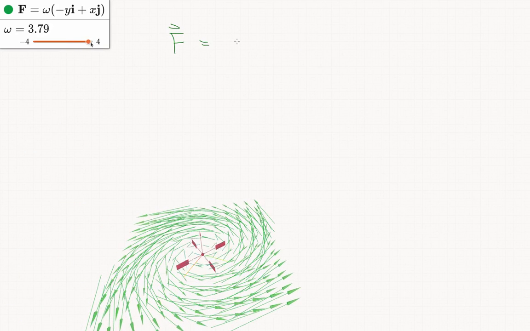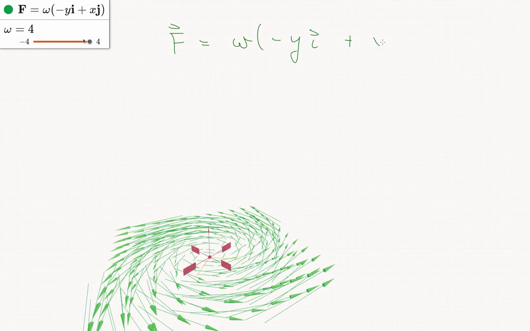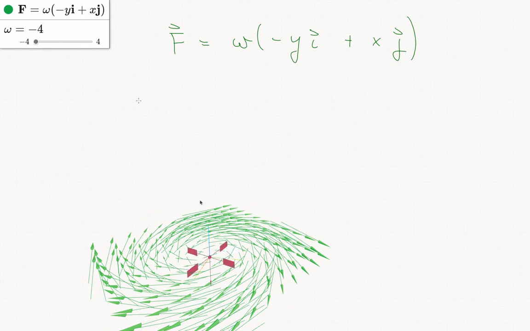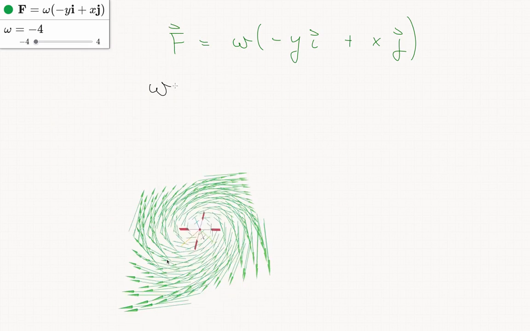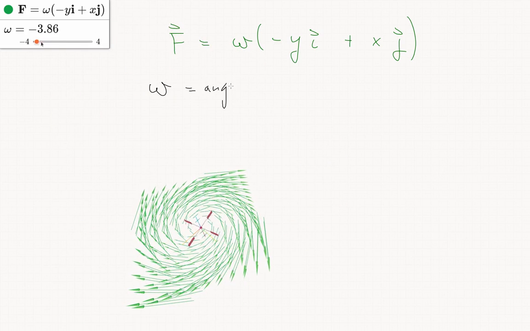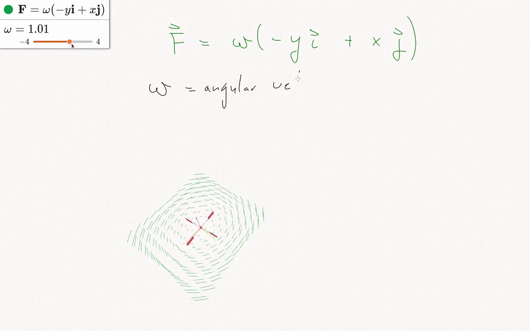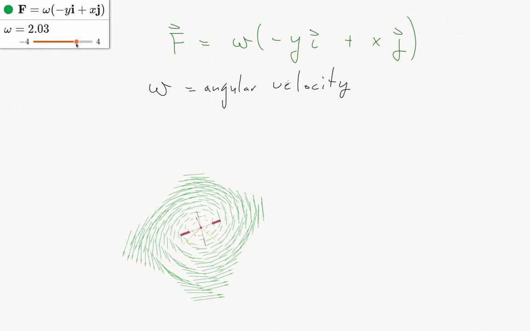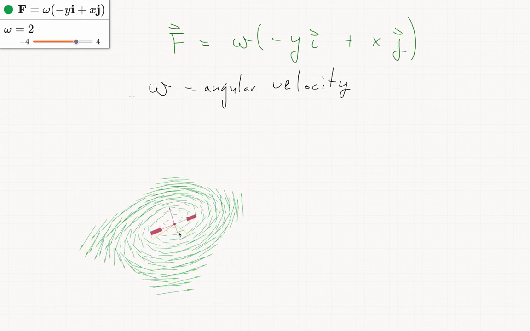So F is omega times negative y i plus x j, where omega is the angular velocity of our rotation. So this is the basic type of rotation, and we want to see what the curl is measuring in this case.